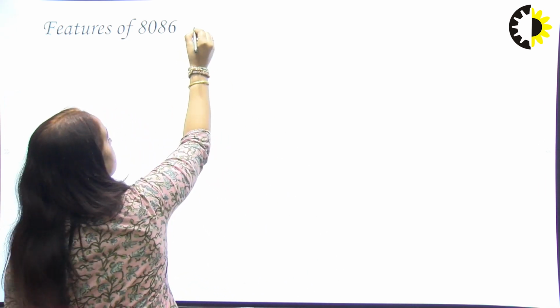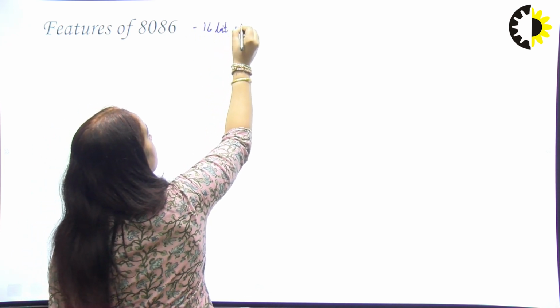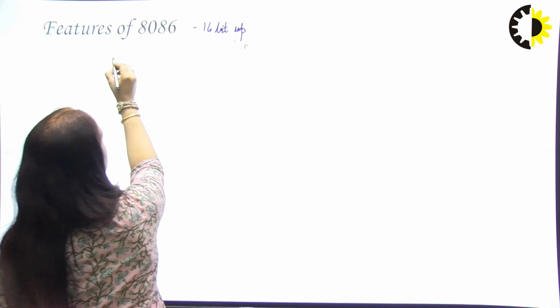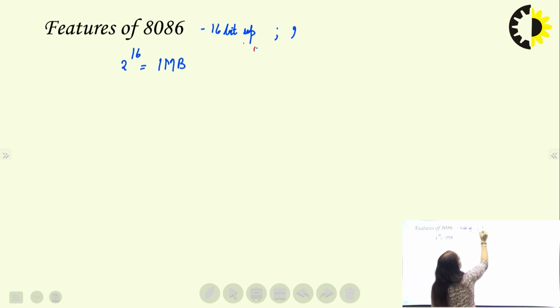So the 8086 is a 16-bit microprocessor, and we have 20 address lines.